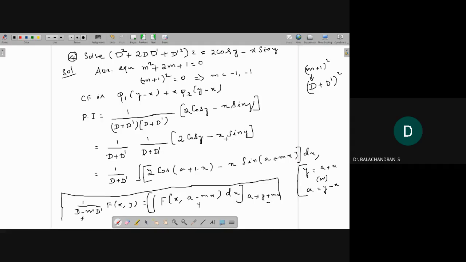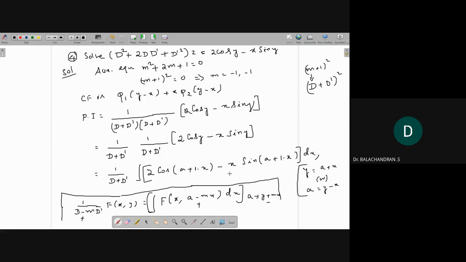Similarly, in minus x sin y, you keep x as it is, and instead of y again a plus m into x, where m is 1. And finally, you should replace a plus x by y, or a equal to y minus x.